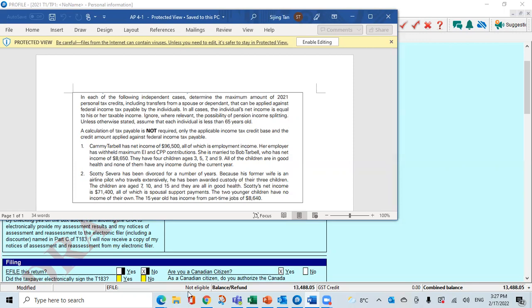When you consider a children's credit, we only have 2 questions to ask yourself. If you're eligible to claim the kids as your eligible dependent. In order to claim the kids as an eligible dependent, you need to qualify for 3 different situations, right? We're going to talk about that later. And then the second, are you able to claim the caregiver amount in Canada?